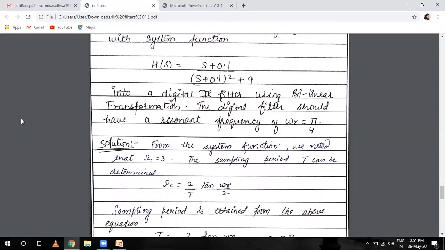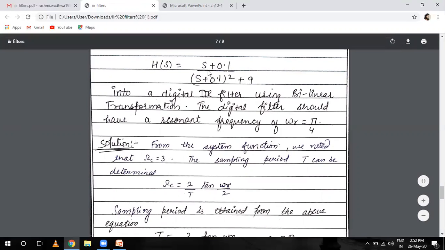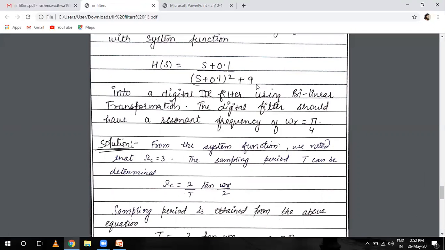So the digital filter should have a resonant frequency of omega r equals pi by 4. For the system function, we note that from this we get the cutoff frequency omega c, that is equal to 3, because here 9 is the square.